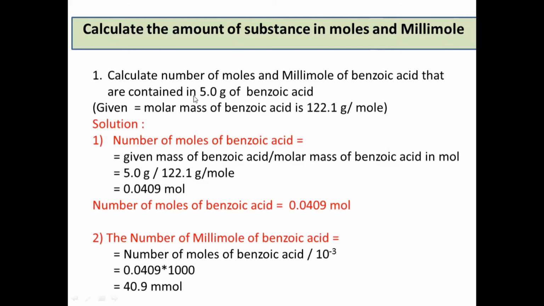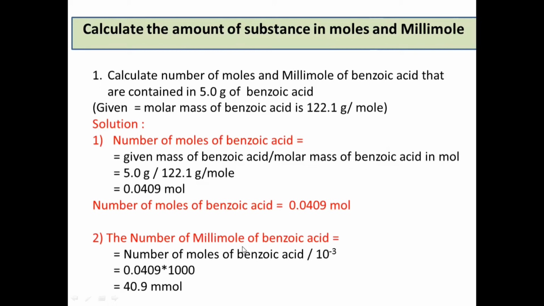Here the mass of benzoic acid is given, that is 5.0 gram, and we will divide 5.0 by the molar mass of benzoic acid, that is 122.1, and the answer will be 0.0409 moles. So 5 upon 122.1 is equivalent to this number of moles. So initially we have calculated the moles. The number of moles of benzoic acid is equal to 0.0409 mole.